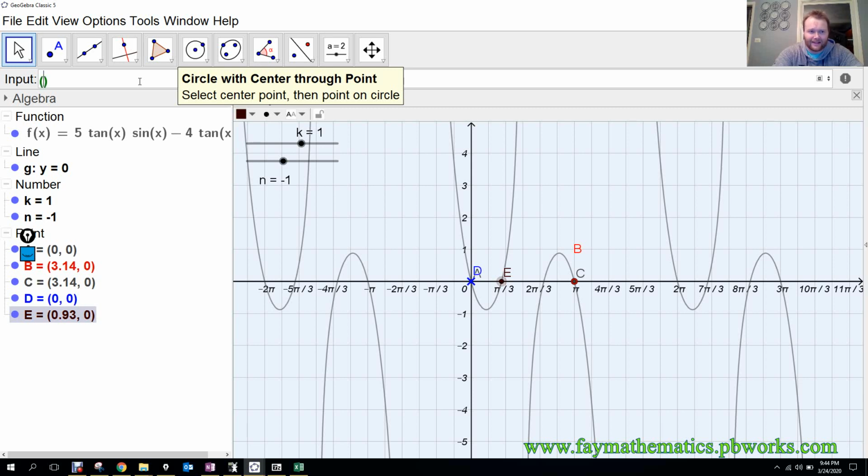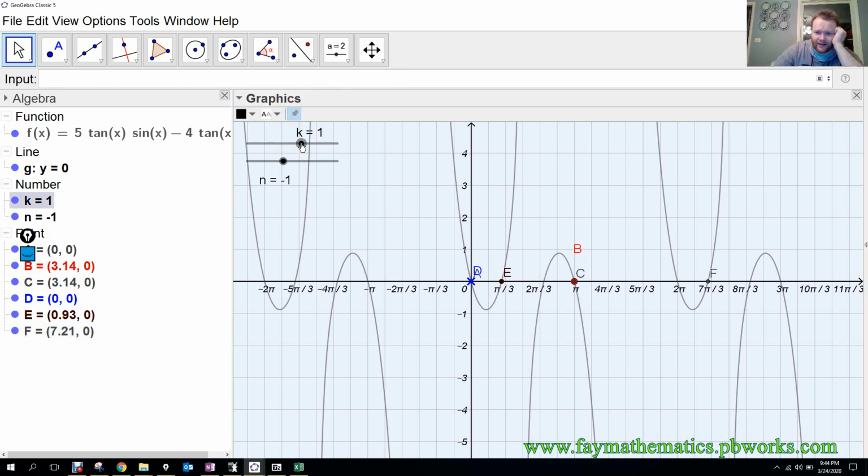And now if I take the x value of E and add to it 2 pi, let's just use k, comma 0, it should then give me, you can kind of see that, let's hide B real quick, hide D, hide C. So right now when k is 0, obviously E and F are on top of each other.